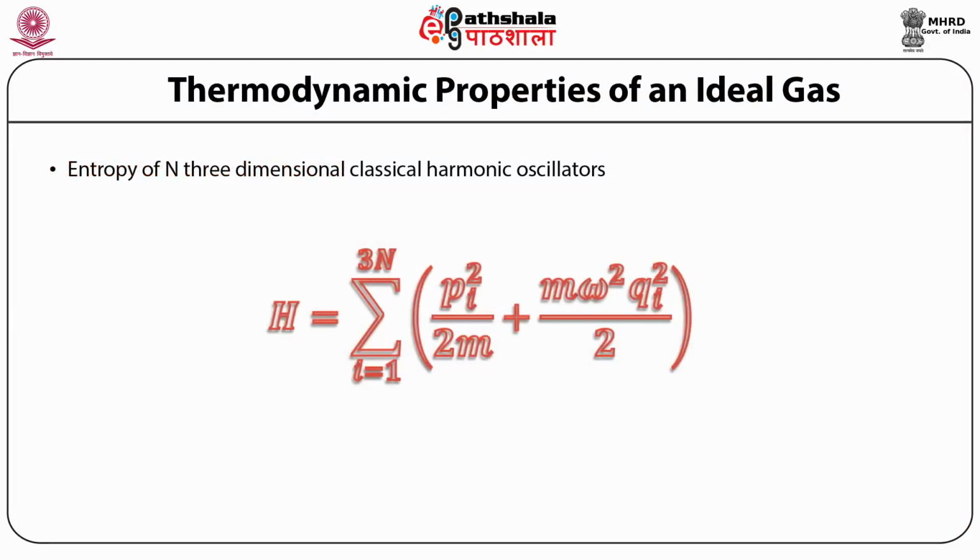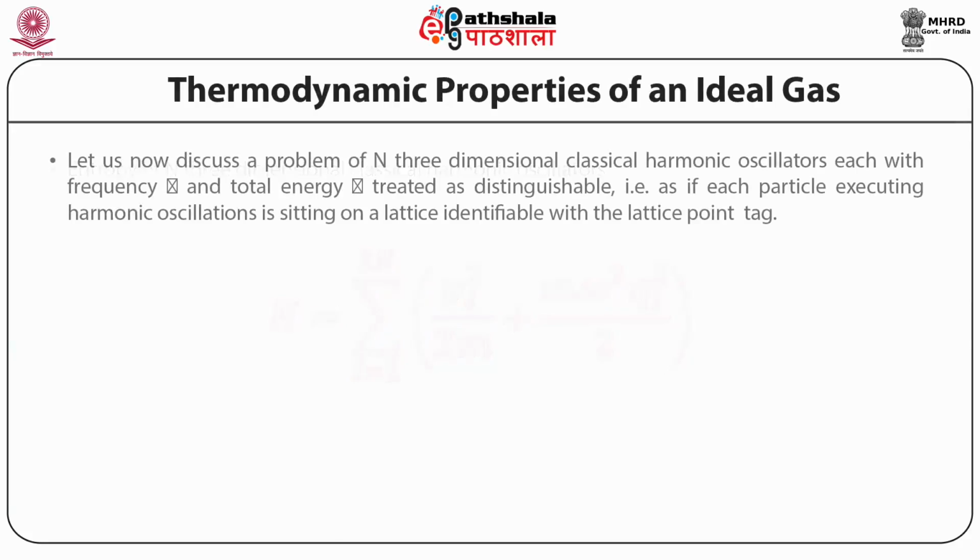Entropy of N three-dimensional classical harmonic oscillators. Let us now discuss a problem of N three-dimensional classical harmonic oscillators, each with frequency omega and total energy E, treated as distinguishable, that is, as if each particle executing harmonic oscillations is sitting on a lattice identifiable with the lattice point tag.